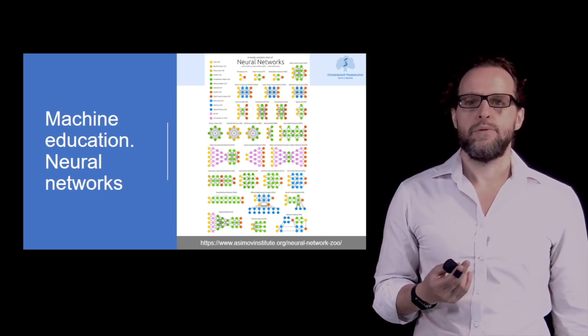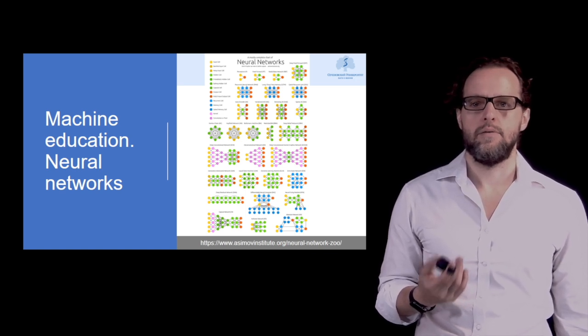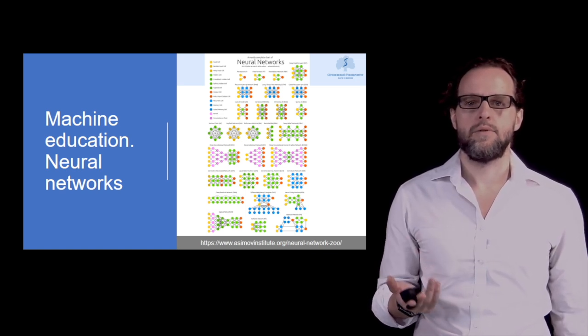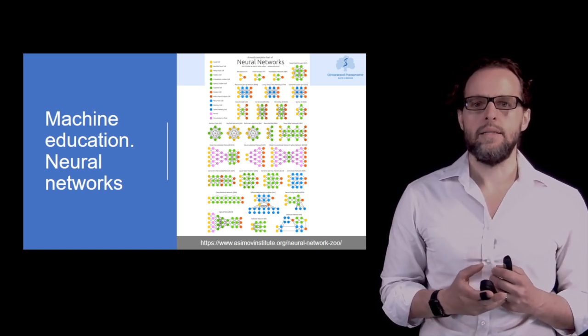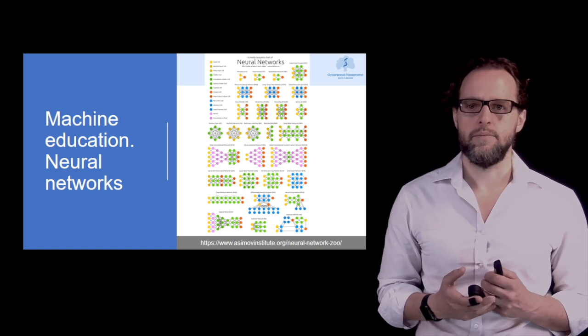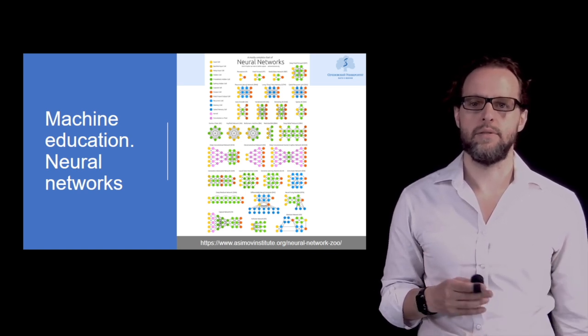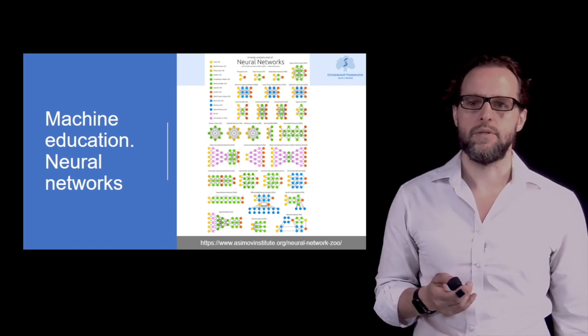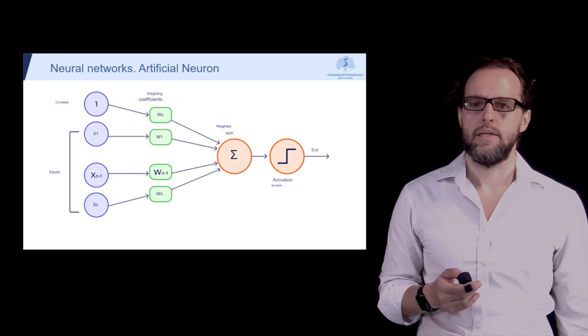In the future, we will talk about machine learning and particularly about neural networks and why it's so important. And neural network is an attempt to reproduce the functioning of the human brain using mathematical models.